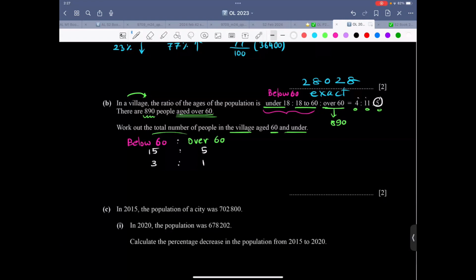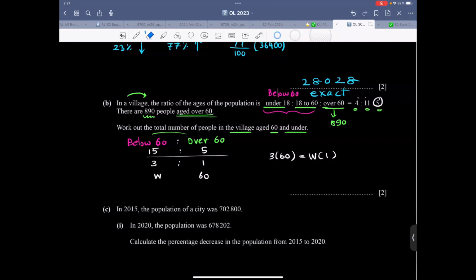So now 890 people are aged over 60. What is the number of people belonging to this group? Let me write this as W. So this is basic cross multiplication. 3 into 60 is W into 1. And this is 3:1. And this is not 60, this is 890. 60 is the age group.